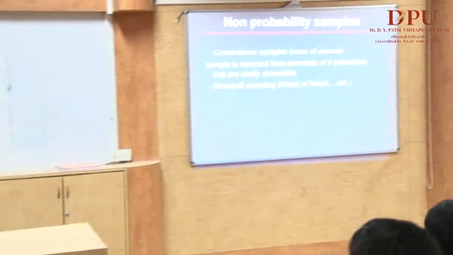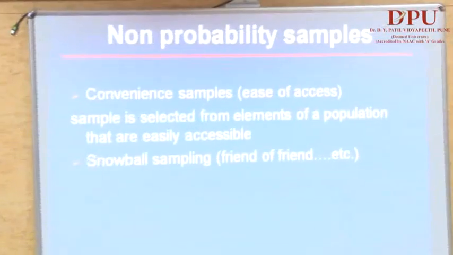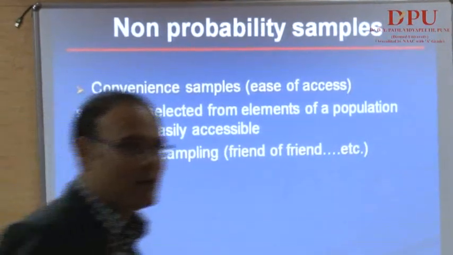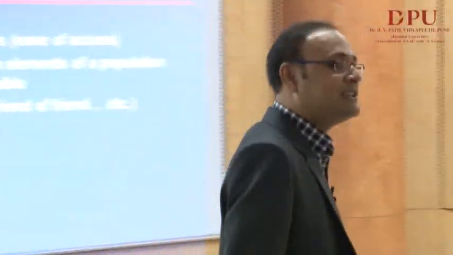This is snowball sampling, again an example of non-probability: friend of friend. Sometimes we do this. If you have a questionnaire, what do you do? You give it to a friend, hundreds of copies, and ask your friends to fill it up. Then that person asks their friends to fill it up.